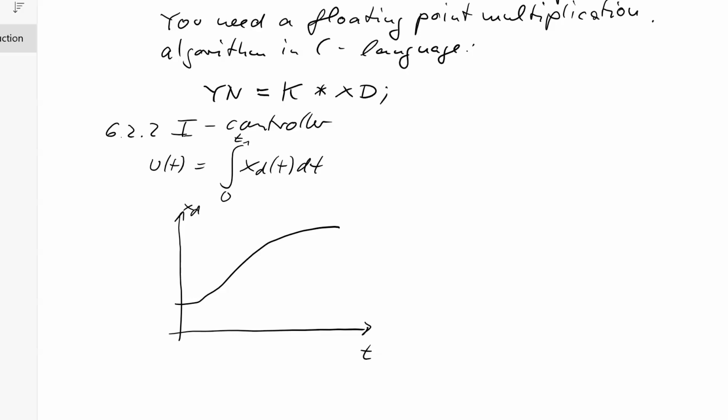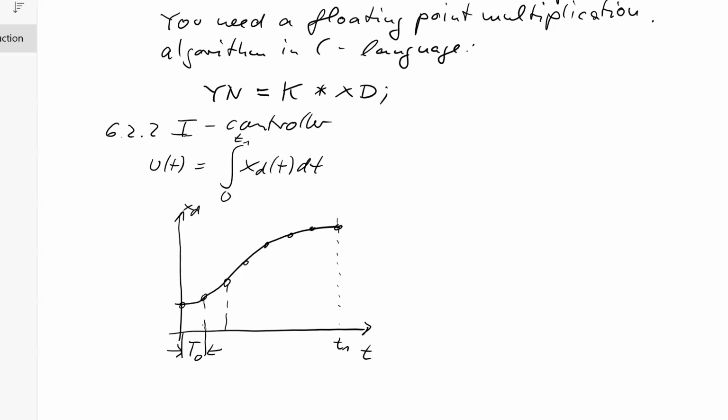Now I sample this signal with sampling points, and the distance of one sampling point is our sampling time t sub o. Okay, you see, this works in this way, that the computer only gets this information.